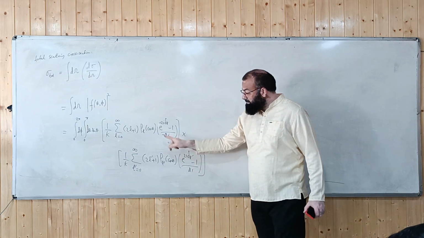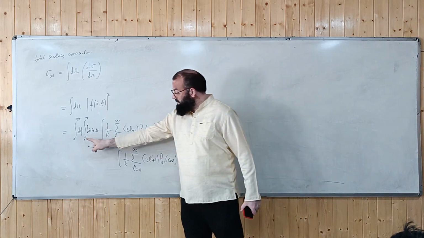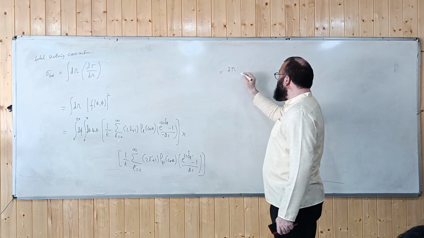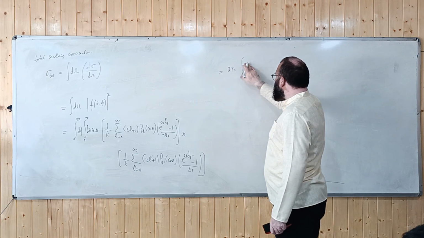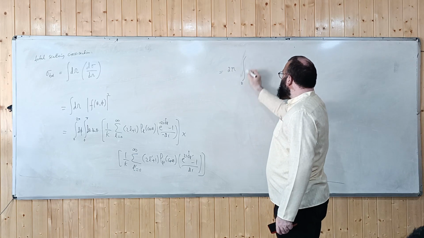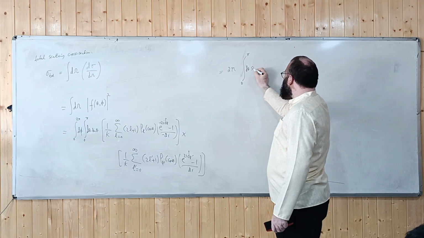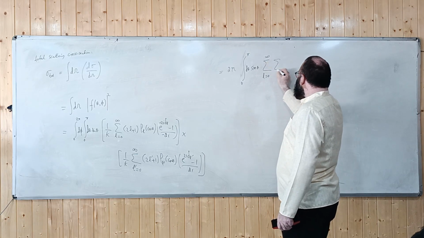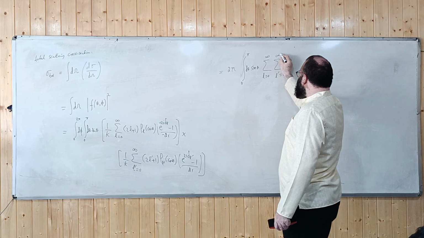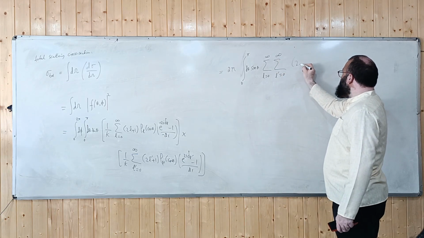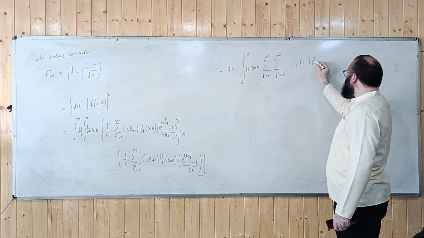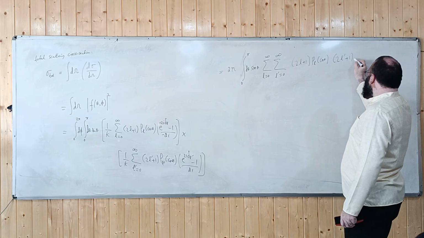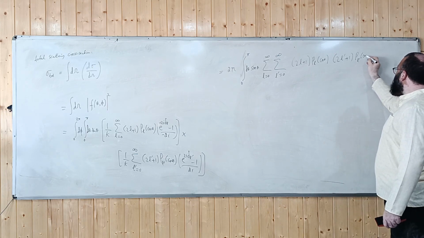Is there any phi dependence? No. So let's integrate over phi, that is equal to 2π. So you are having 2π, then integration 0 to π dθ sine theta, then summation L equal to 0 to infinity, summation L prime equal to 0 to infinity, then you are having (2L+1) P_L cosine of theta, then (2L'+1) P_L' cosine of theta.